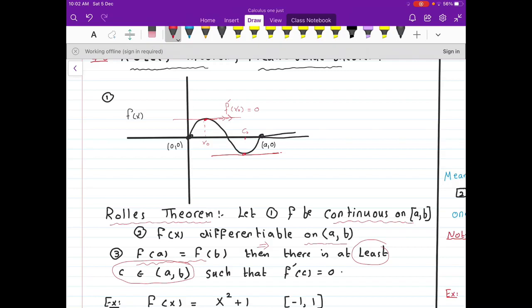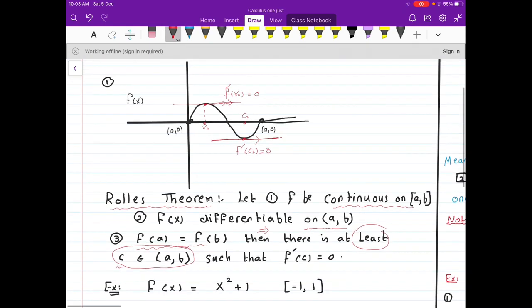Look to the graph f x. There exists at least, we find 2 points. We find x naught and C2 where f prime at C2 equals 0 since the tangent is parallel to the x-axis. So the conclusion, there is at least C. لاحظ شرط هاي C must belong to the open interval AB such that f prime of C equals 0.